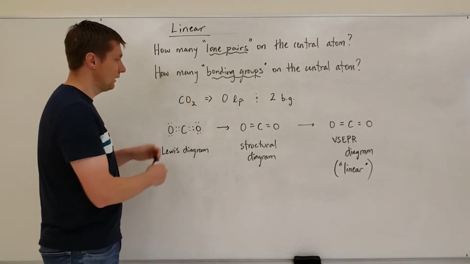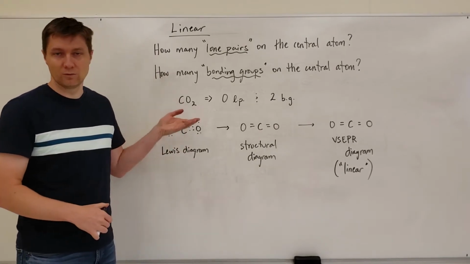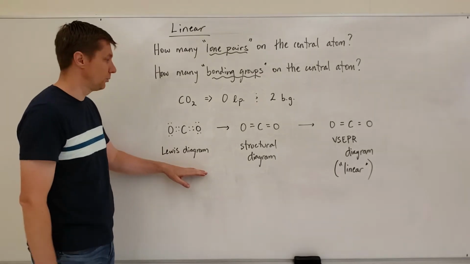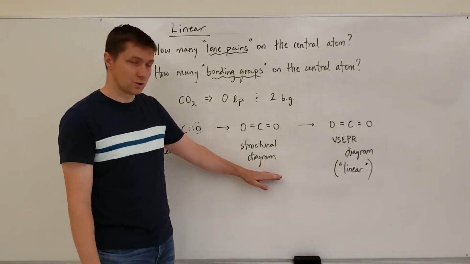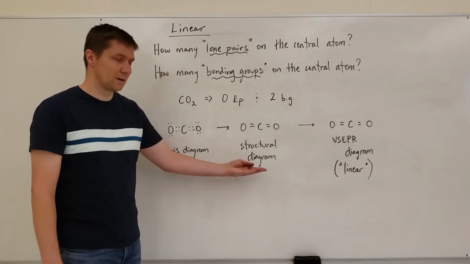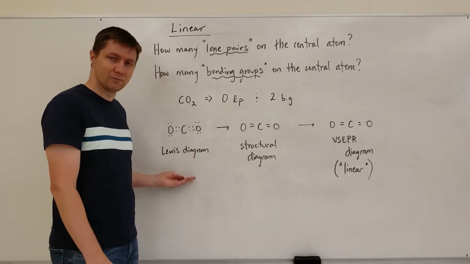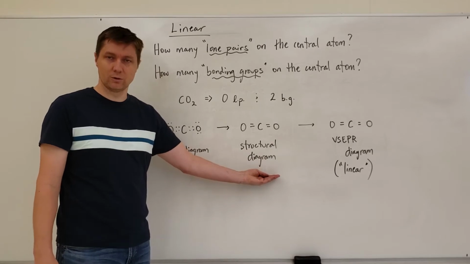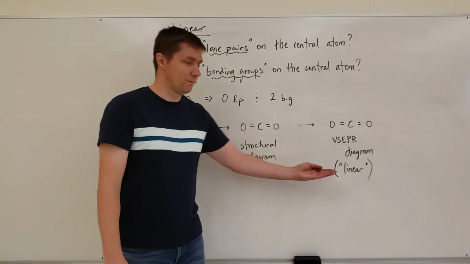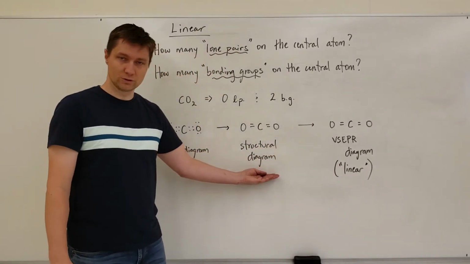You can see in this example that we did before, carbon dioxide, here's the Lewis diagram that we illustrated in the previous video, and then the structural diagram that we also illustrated. Drawing Lewis diagrams is important because we need the Lewis diagram to determine the structural diagram, and to determine the VSEPR diagram, we need to know the structural diagram.